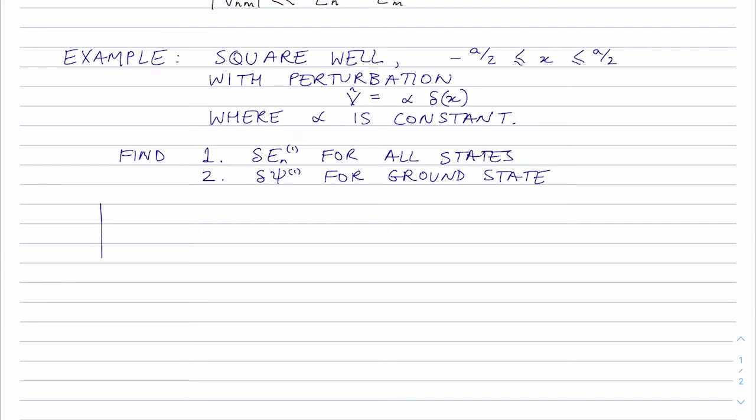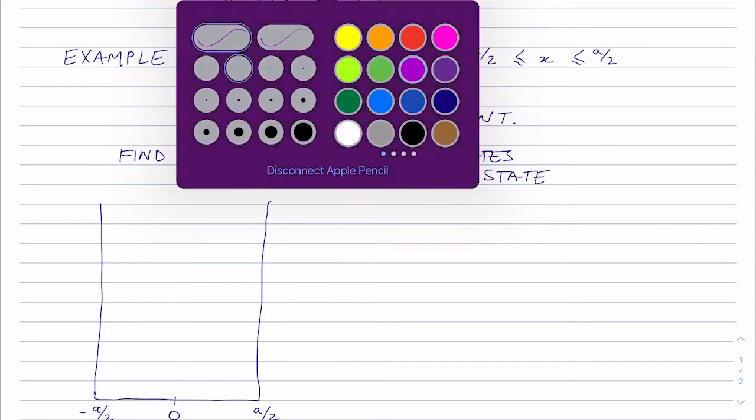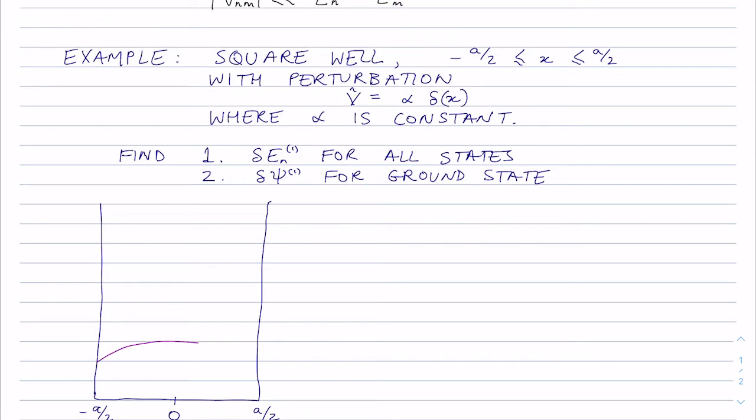We have a square well with infinite sides, between minus a over 2 and a over 2, and it'll have solutions that look something like this: first one, second one, third one, and so on, n equals 1, n equals 2, n equals 3.